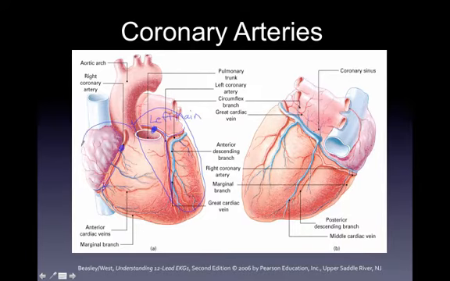The other half of it is, if you have an occlusion here, you can kill off 90% of the right side of the heart as well. Now, can you live without your right ventricle? Well, your ejection fraction, or your overall cardiac output or cardiac index, would be affected greatly.